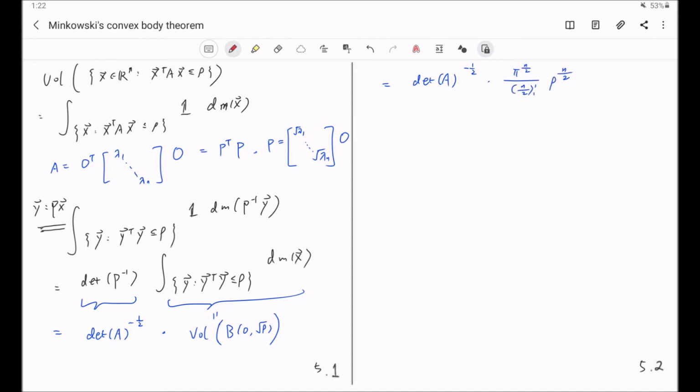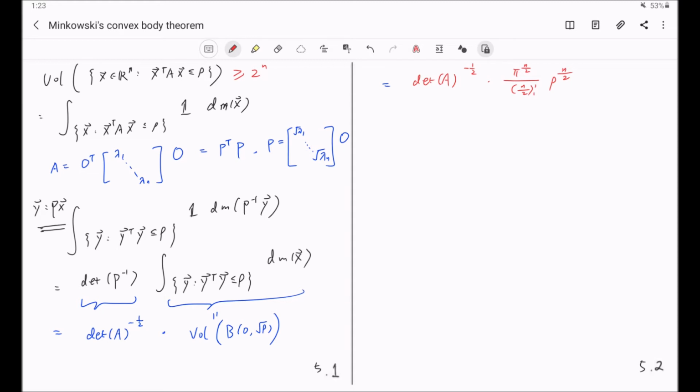In order to invoke Minkowski's convex body theorem, we need this volume to be greater or equal to 2 raised to the power n, which means that we want to make this guy greater or equal to 2 raised to the power n.